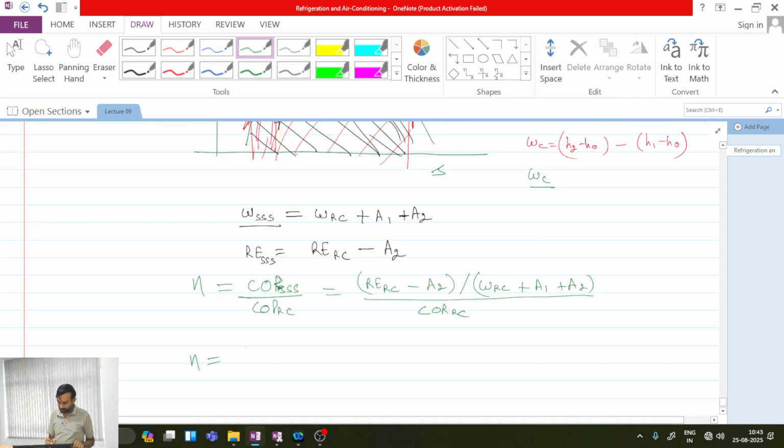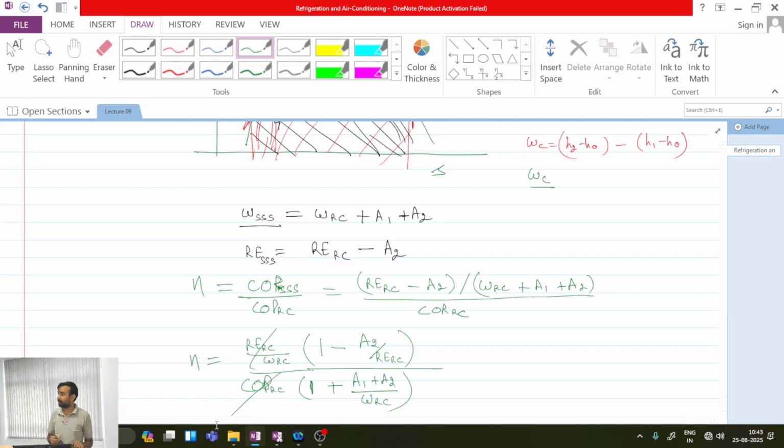If you take these two common, then RE of RC divided by W of RC will be coming common in the numerator, and what you will be getting? 1 minus A2 divided by RE of RC, divided by COP of RC into 1 plus A1 plus A2 divided by WRC.